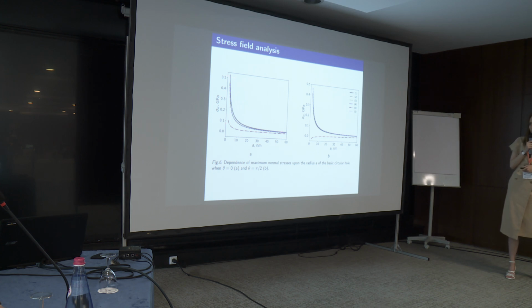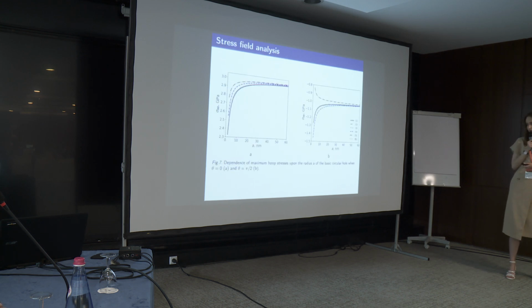But when we go to a radius bigger than 15 nanometers, they are in good agreement. And when we go to the macro level, we have the classical solution for the Kirsch problem. We also have similar results for the maximum hoop stresses. Also, we can see the size effect and the difference between the third, fourth, and fifth models.